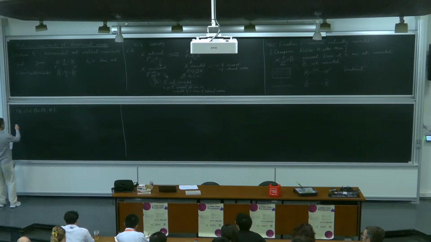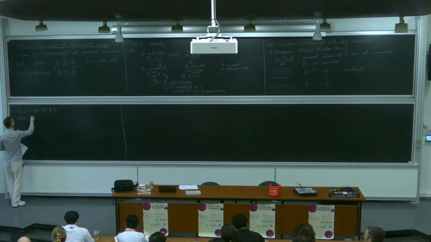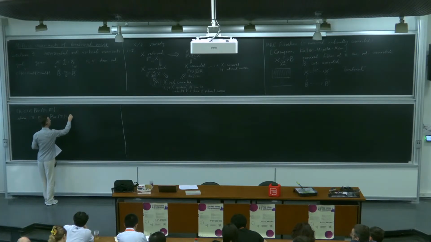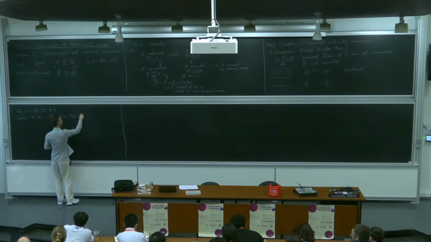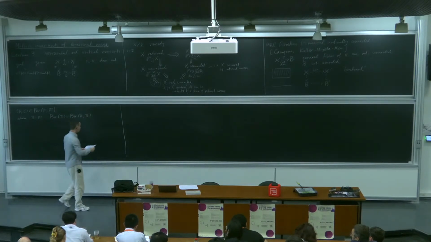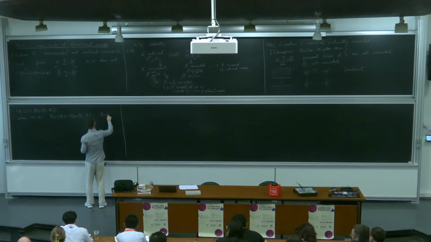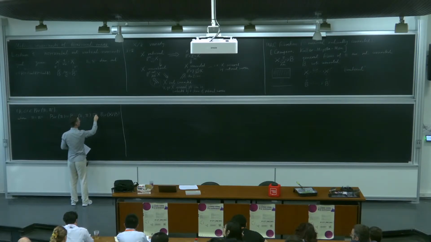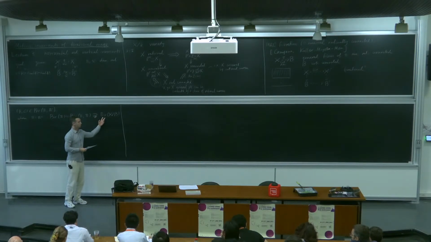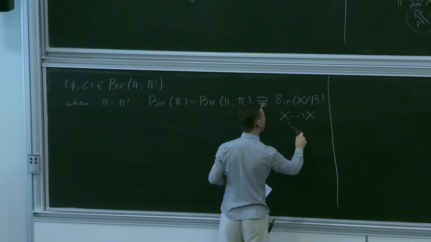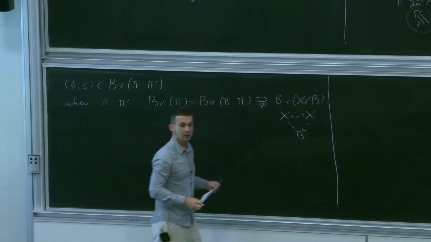In particular, when pi equals pi prime, we can look at birational automorphisms of pi, which are birational maps from pi to pi, so the square diagrams. Very importantly, it's not the same thing as birational maps of X over B. So I explain the difference. We have a certain subgroup here, and this typically means that we are acting trivially on B, right?